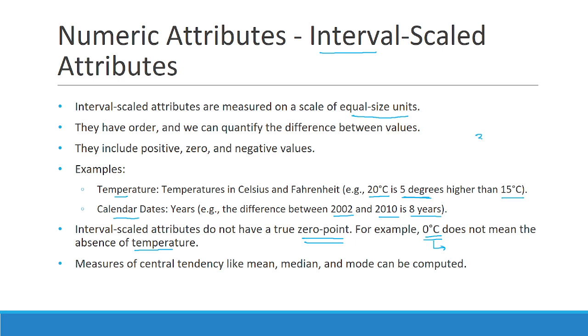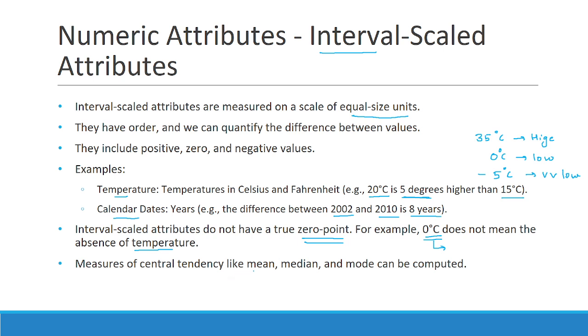When we say the temperature is 35 degrees Celsius, that is very high temperature. Okay. When we say 0 degrees Celsius, that means it is low temperature. Even that temperature can be minus 5 degrees Celsius. It is very low temperature, we can say, right? So these interval scale attributes will not have true 0 point.